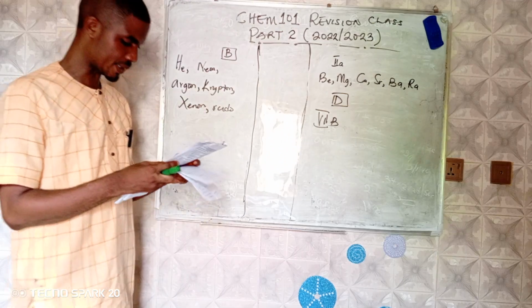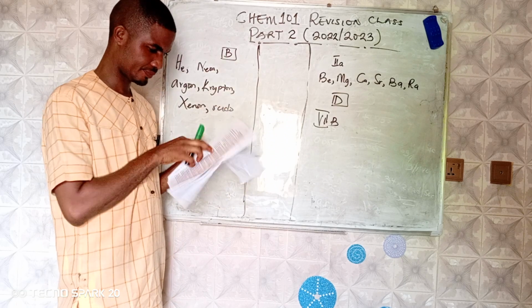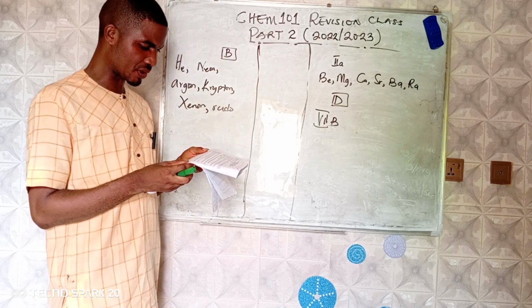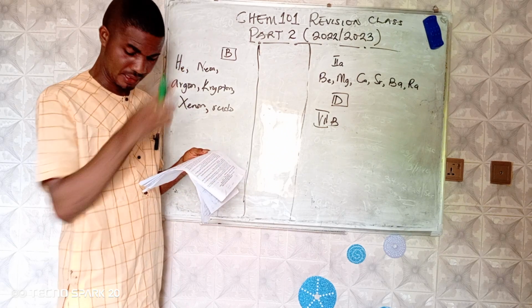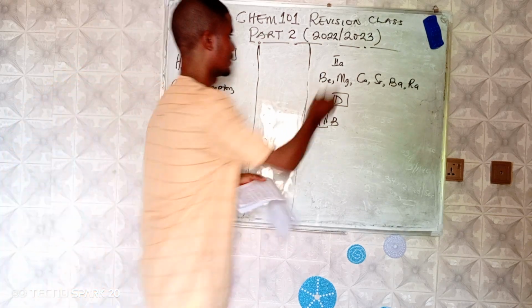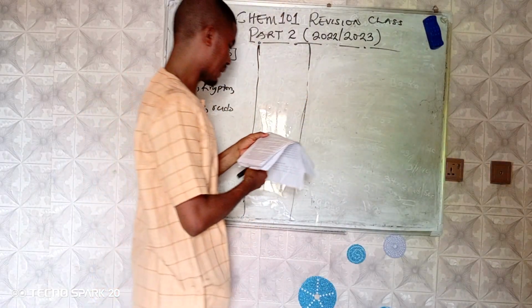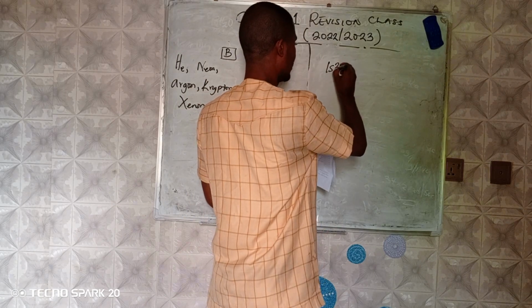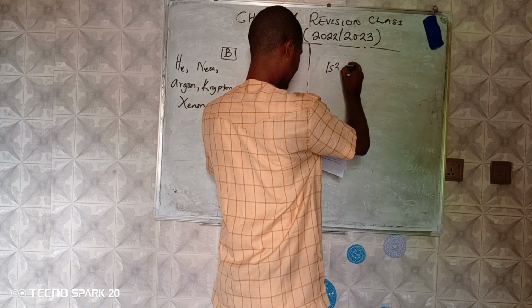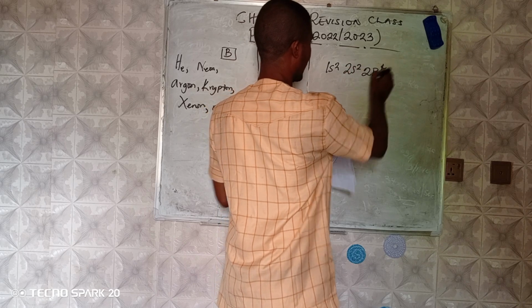Question 15. We have it that elements with this electronic configuration have unpaired electrons. Let's see that. Look at the electronic configuration for question number 15. We have 1s2, 2s2, 2p4.